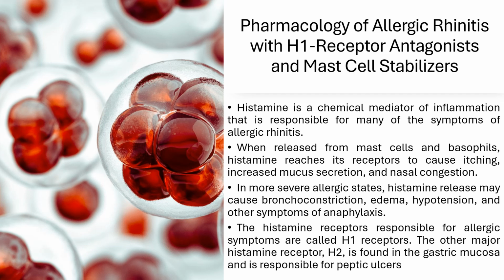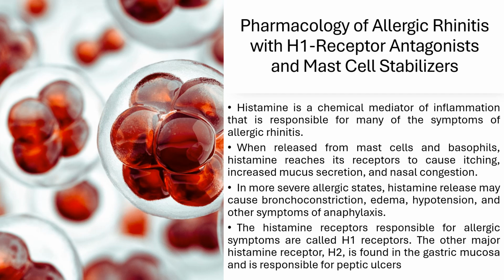Now, we have two types of H receptors or histamine receptors. You have your H1, which is responsible for allergic symptoms. The H2 would be responsible for peptic ulcers in the gastric mucosa. On the other hand, antihistamines are drugs that selectively block histamine from reaching its H1 receptors, thus alleviating allergic symptoms.